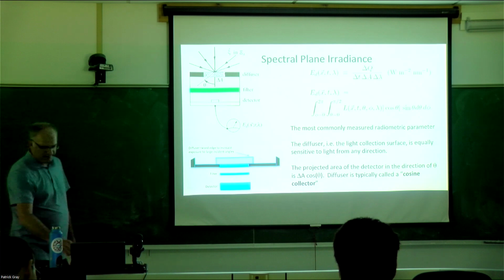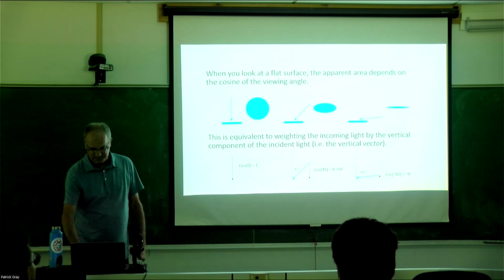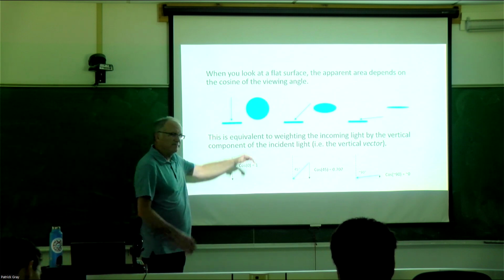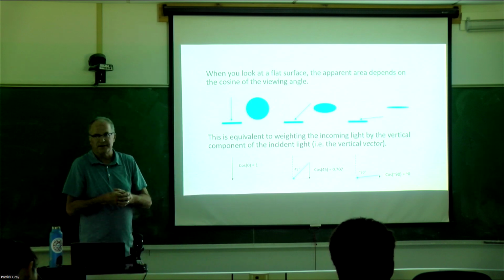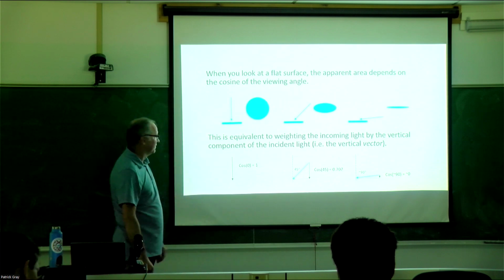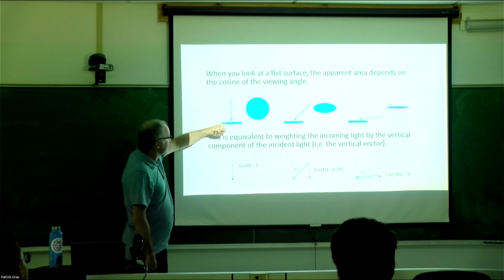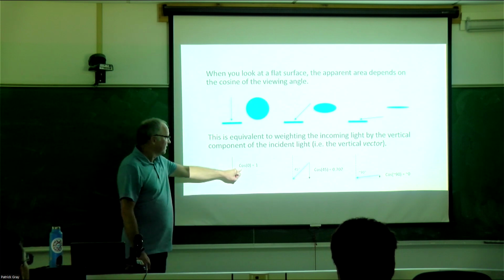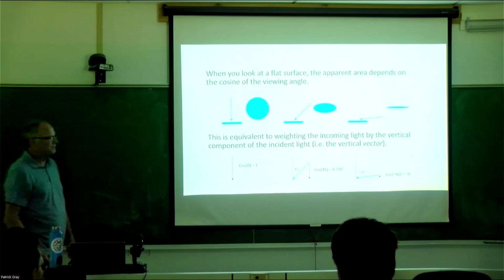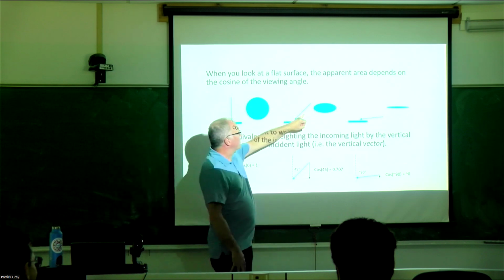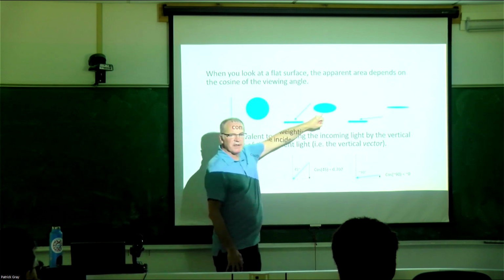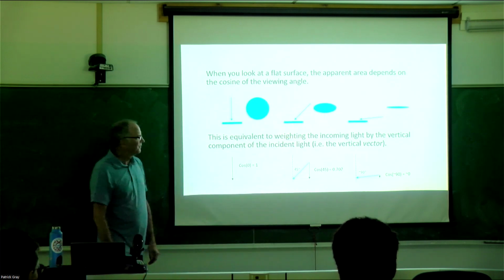So let's get into what a cosine response is. Now imagine, here's my flat surface, my diffuser disk. If I look straight down at it, it looks like a circle, right? So in this sense, I'm measuring at an angle of 0, so the cosine should be 1 there. Now I go off at a 45-degree angle and look at that disk. It's a little more oblate, slightly changed in shape.